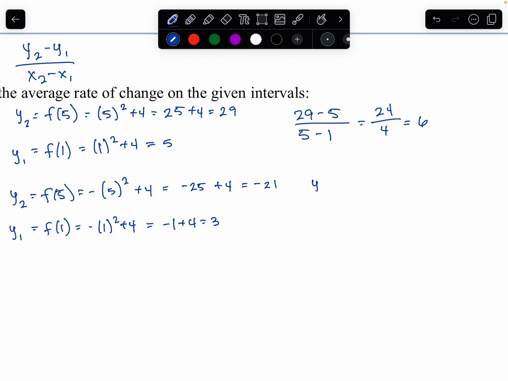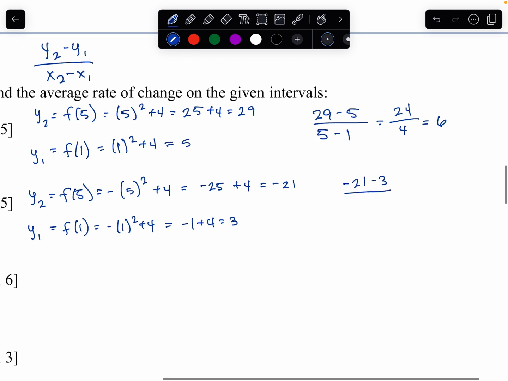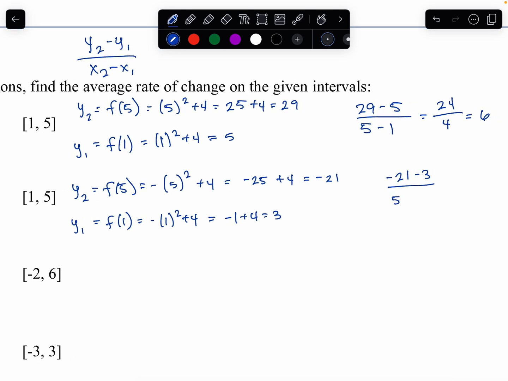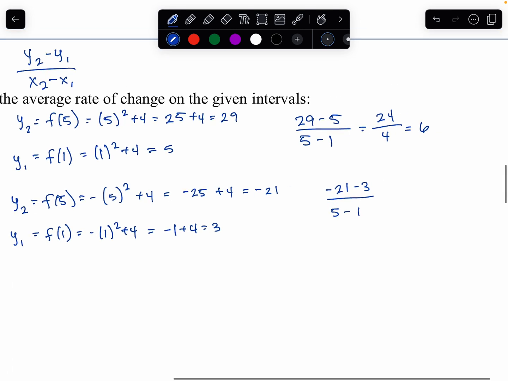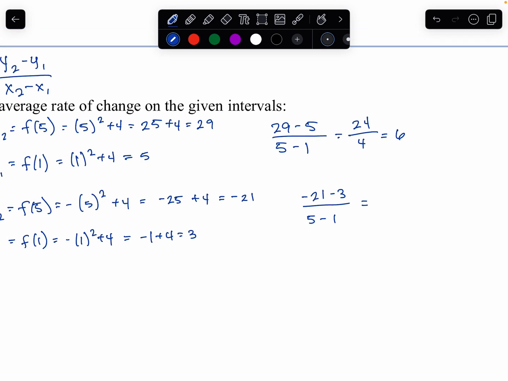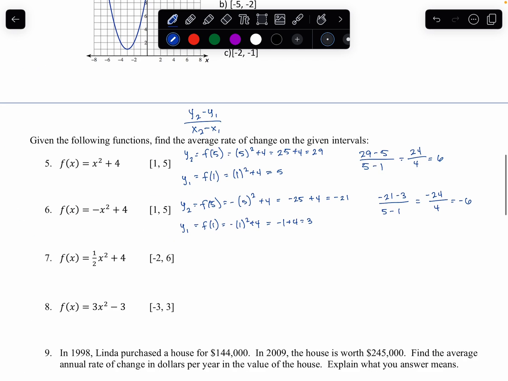So y2 minus y1, that's going to be negative 21 minus 3 over 5 minus 1. So that's going to be equal to negative 24 over 4. That's going to give me negative 6 as my average rate of change.